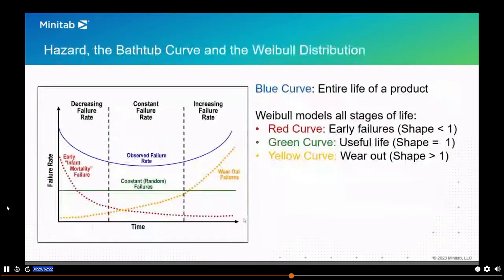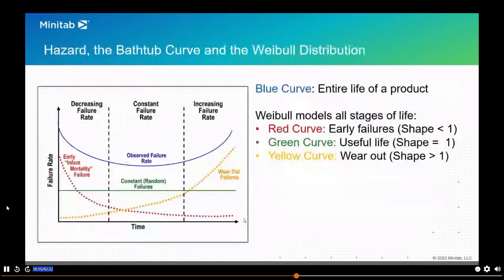Well, it turns out no distribution really models all parts of the bathtub curve, but certain distributions, like the normal distribution, for example, will model wear-out failures, only wear-out, because the hazard for a normal curve is always going to be that yellow line. The hazard is always going to be increasing if you choose a normal distribution.